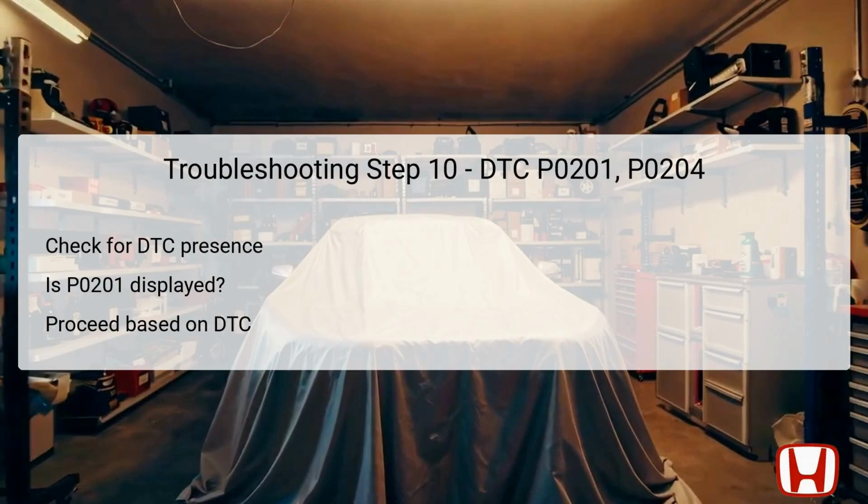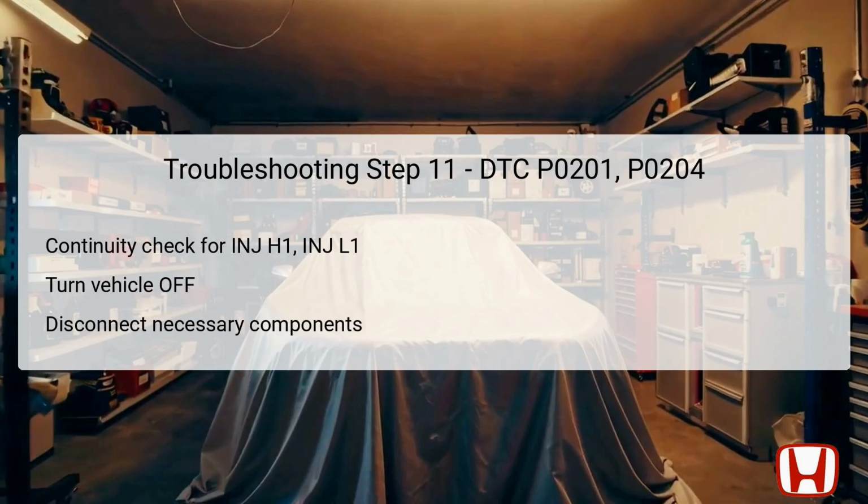If DTC P0201 appears, further diagnostics can proceed to the next phase, examining potential wiring problems specific to the number 1 cylinder injector. On the other hand, if P0201 is not displayed, the matter may involve intermittent issues, potentially pointing to transient failures or connections that need further examination.